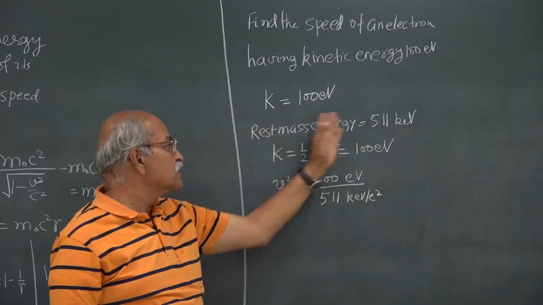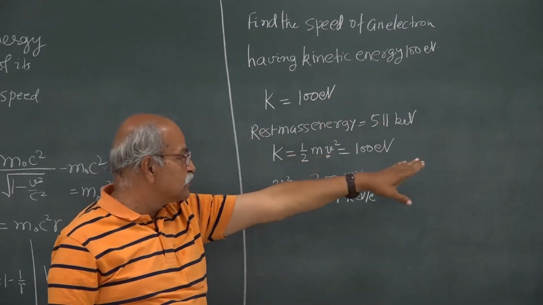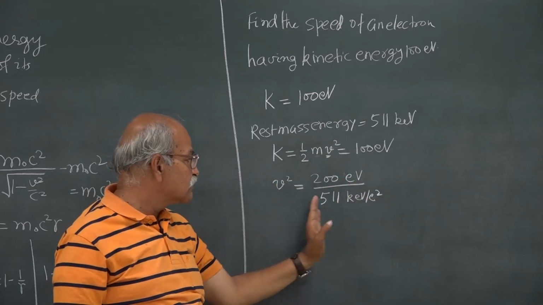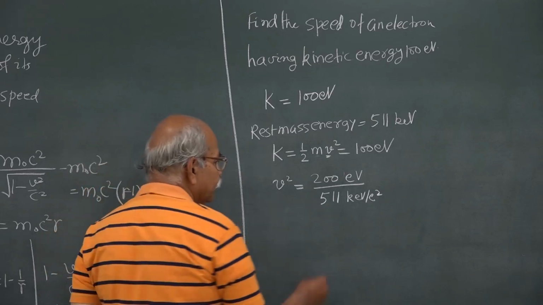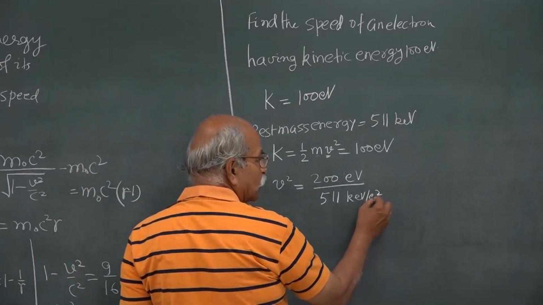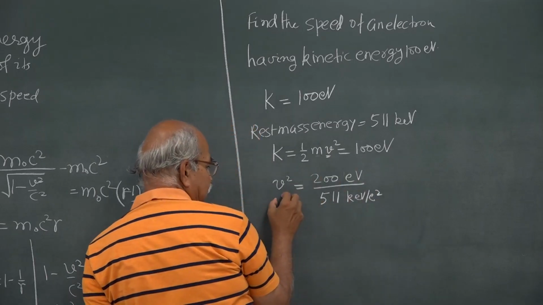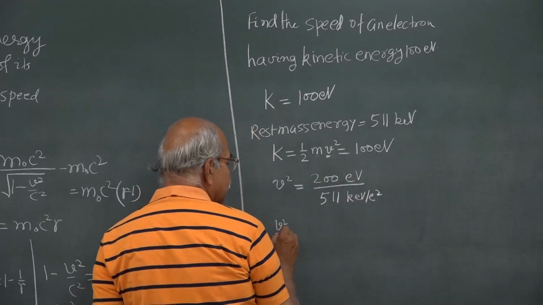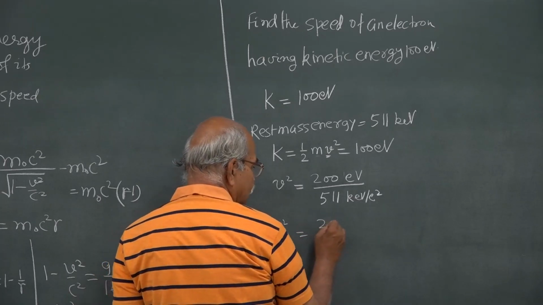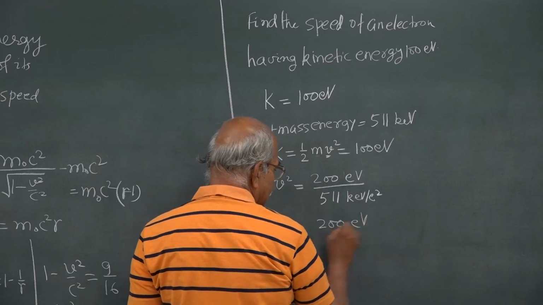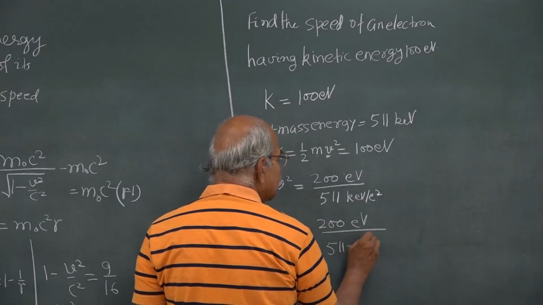So, this c square can go here, and it is v square divided by c square, which is equal to 200 eV divided by 511 into 10 power 3 eV.